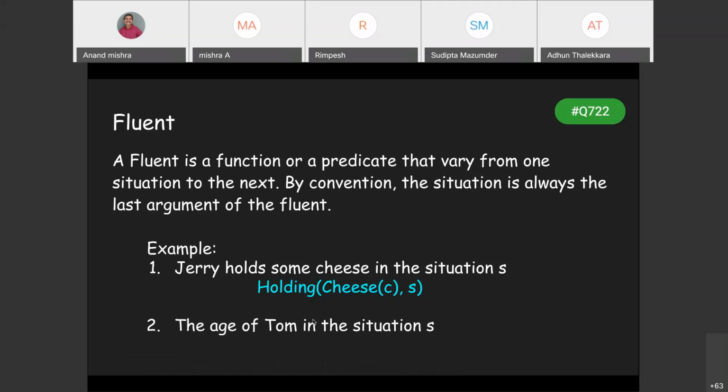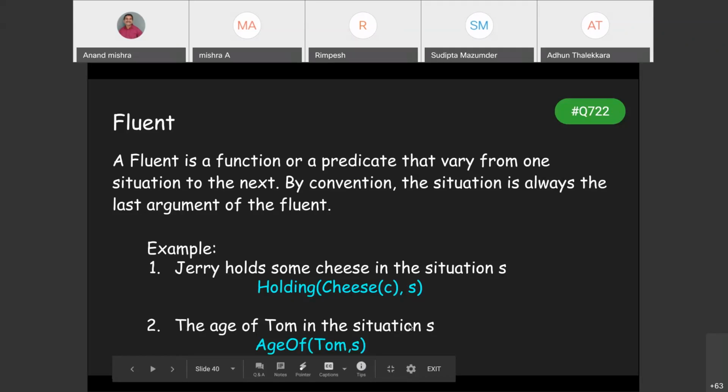The age of Tom in the situation S. This is how we represent the age of Tom at situation S. In every situation, the age will be varying, because it reflects how much time has passed. These things are called fluents.